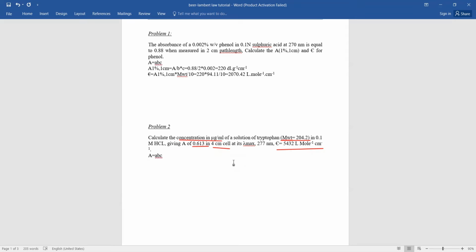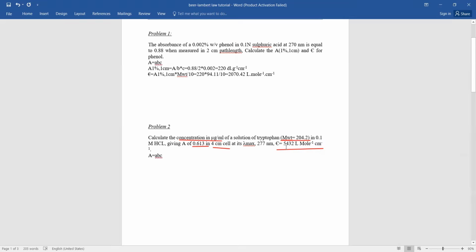So first, we will think that we want to calculate the concentration in microgram per milli. So it's easier to have the concentration in gram percent and convert from gram percent to microgram per milli than having the concentration in mole per liter and then converting it to microgram per milli.